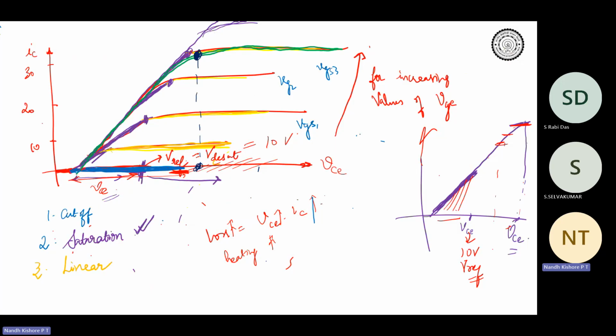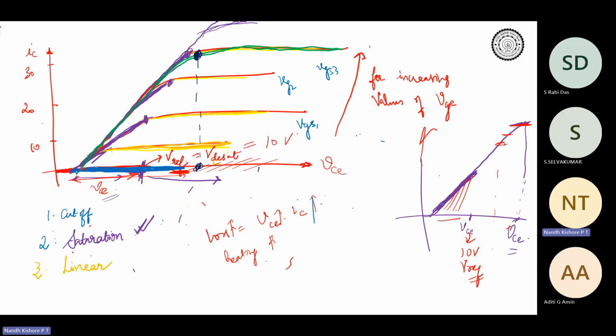And when there is an overcurrent, your VDS increases beyond VREF. If VDS increases beyond VREF, it signifies an overcurrent, or in other words, a short circuit fault.